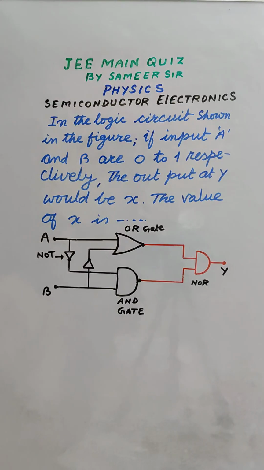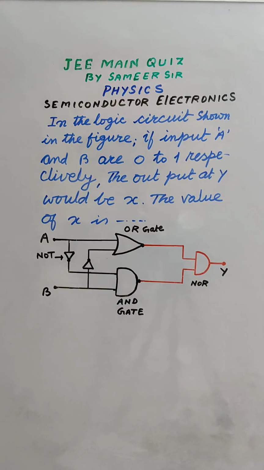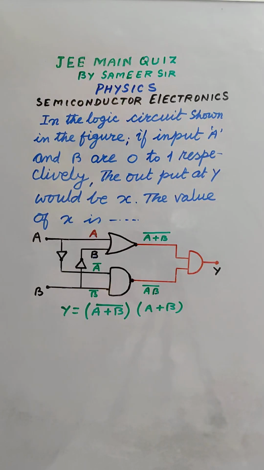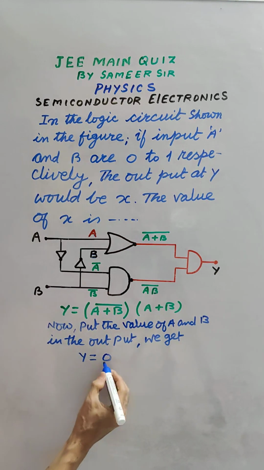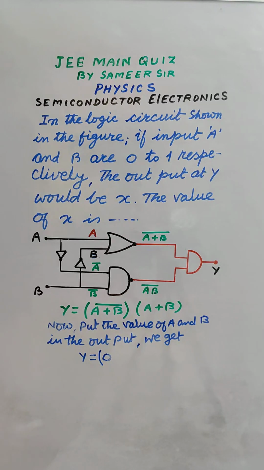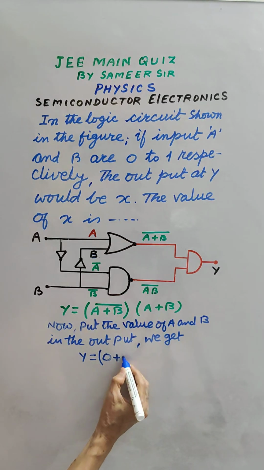So we consider the given figure in the question and solve it using Boolean identities. Now guess the answer. What should be the answer? I will tell you the answer. Now put the values of A and B in the output. For A is 0 and for B is 1, plus 1 bar.